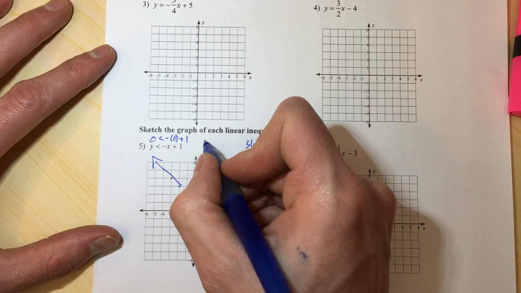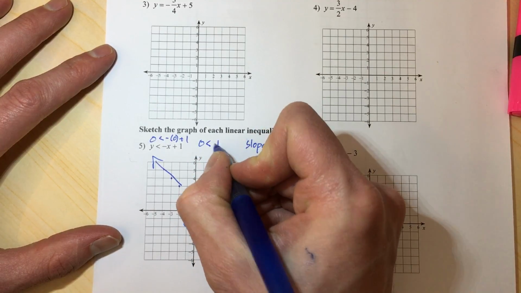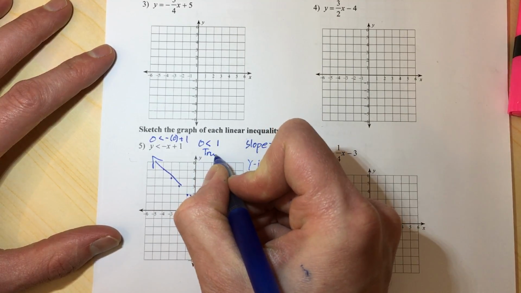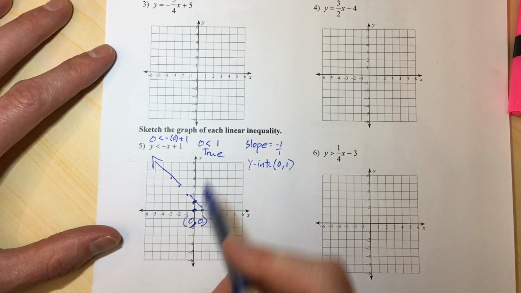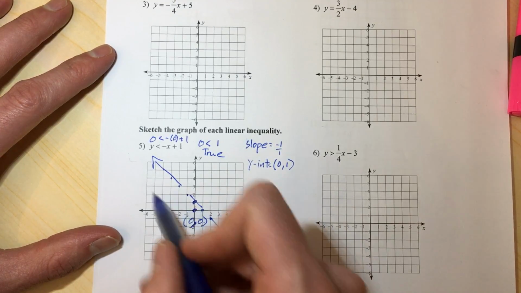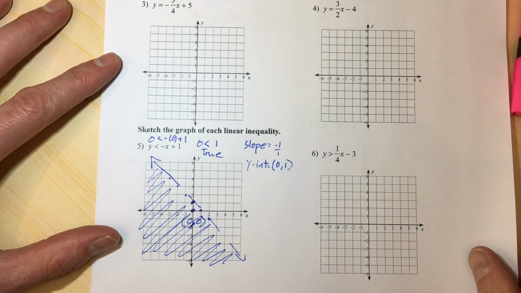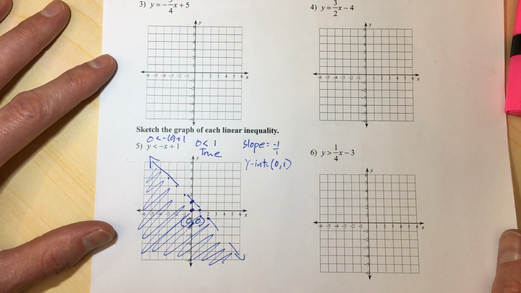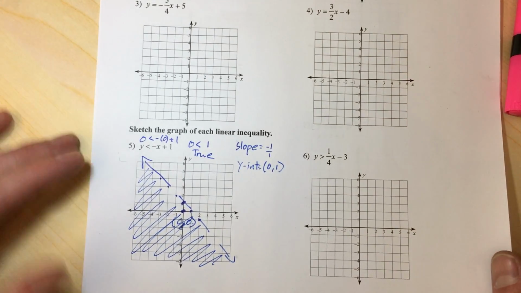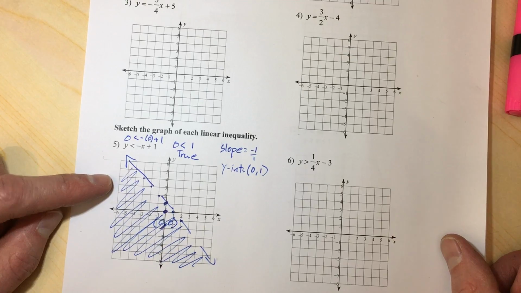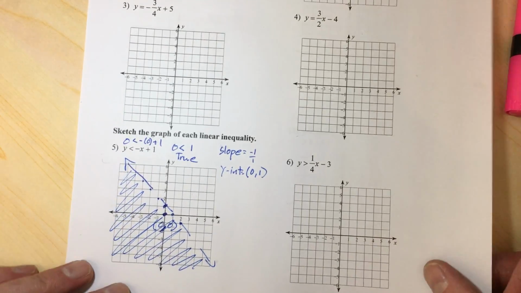And then you have 0 is less than 1, and of course that is true. And so 0 is less than 1, making this true, so we're going to shade this side. Okay. All right, so we've graphed 2 lines at this point. One's just a regular line, one's an inequality, so you can see the difference and similarities there.